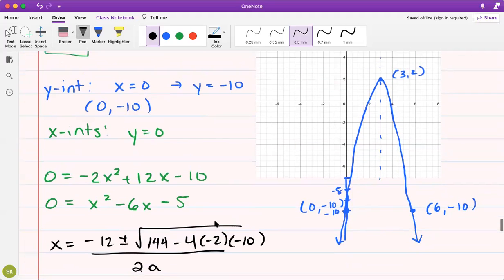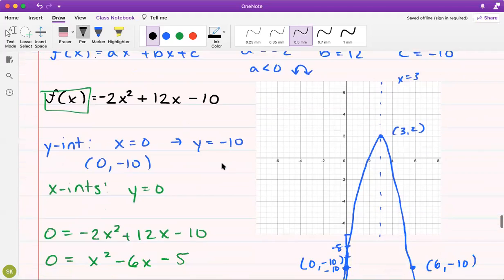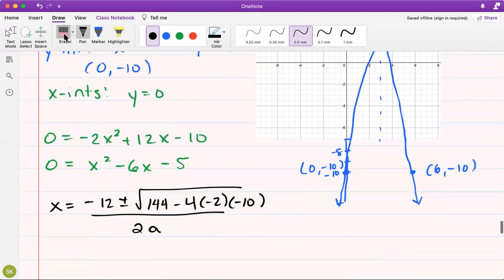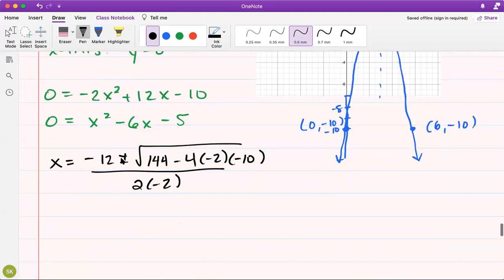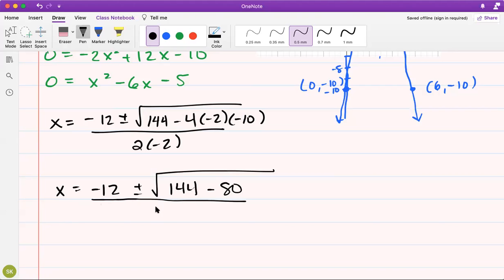Okay, I just want to double check here. So negative 4, a, c. Okay. And then a, we said, was negative 2, so I'm going to put that down here. And now let's simplify this. This is x is equal to negative 12 plus or minus the square root of 144. This is 8 times the negative 10, so negative 80, over 4.